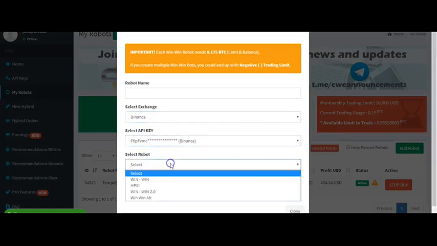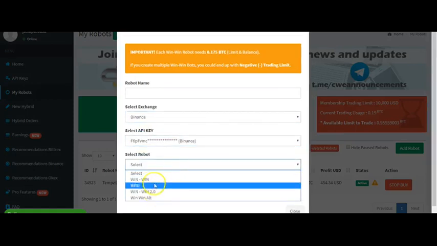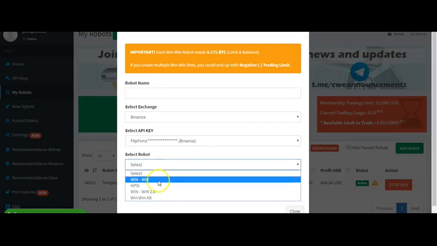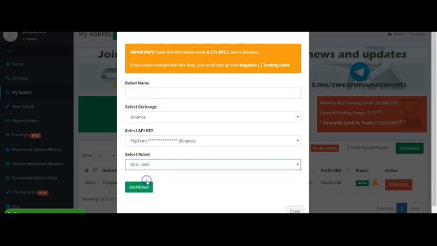Binance here. So these bots right here are all automatic. Okay, this is very important. These are bots that when you set up, like when I click win-win and I click Add Bot, it's set up. Well, I need to put a name in there, but it's already set up, so it's not that hard. I know a lot of trading bots are very complicated.